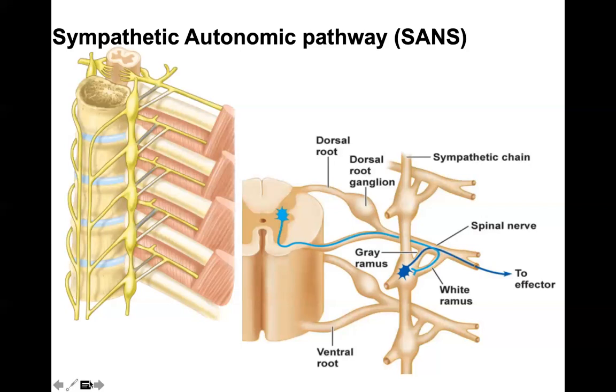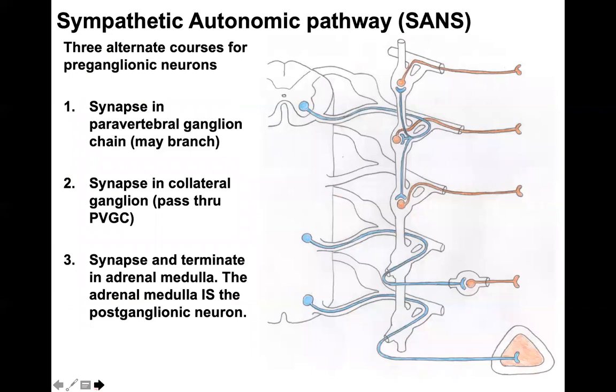It only gets more fun from here because this is only the first way that these preganglionic neurons can branch out and then result in postganglionic neurons. Remember that we said that in the sympathetic autonomic nervous system, the neurons can branch, so they can influence multiple postganglionic neurons.